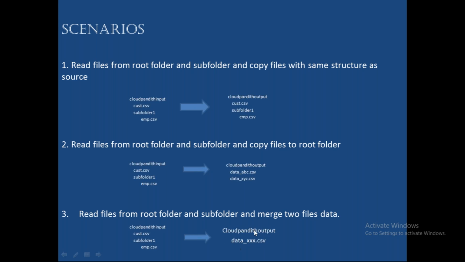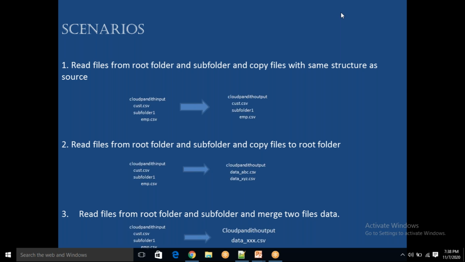If you open the output file, its content is going to be records 1 to 10. You are going to merge these two files' content into a single file. Clear how I have done all these things?